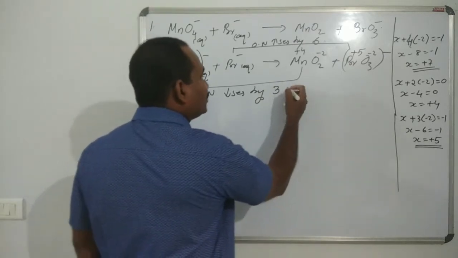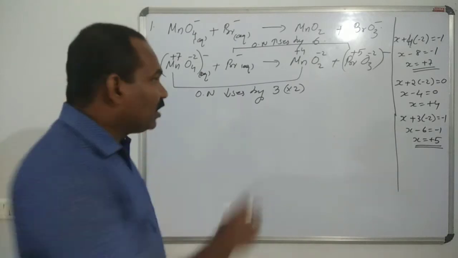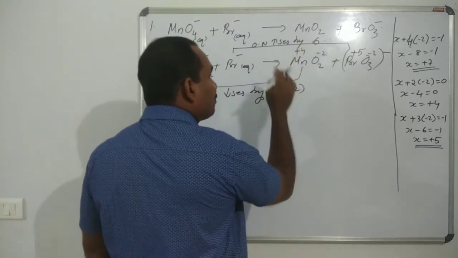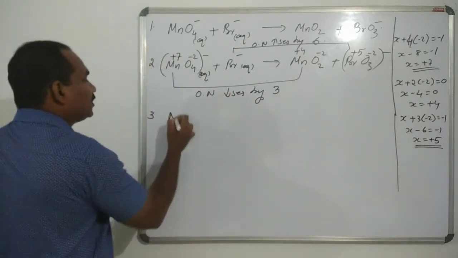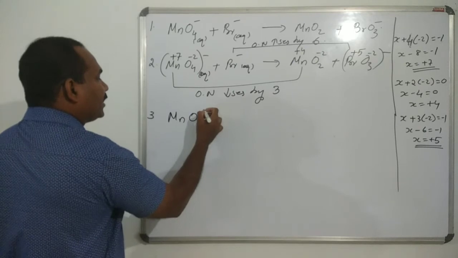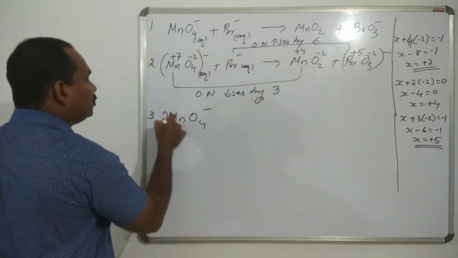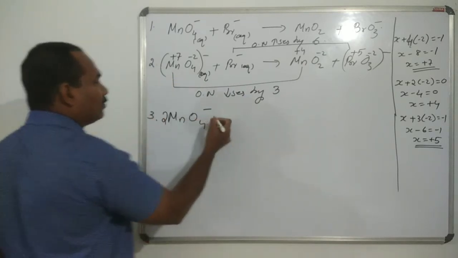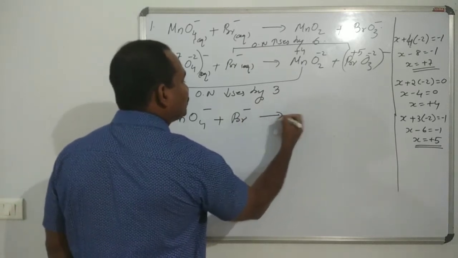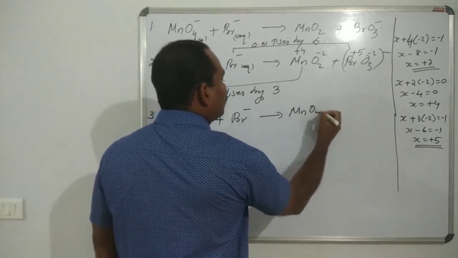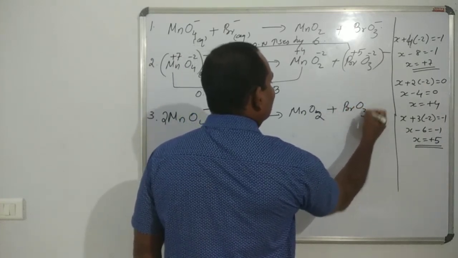By multiplying by 2. Just keep it in your mind. 3 becomes 6 by multiplying by 2. So the equation: multiply the MnO4 minus reaction by 2. So 2 MnO4 minus plus Br minus gives MnO2 plus BrO3 minus.